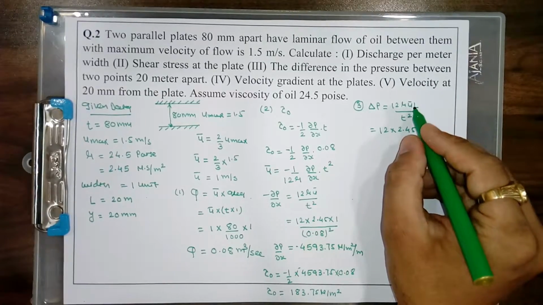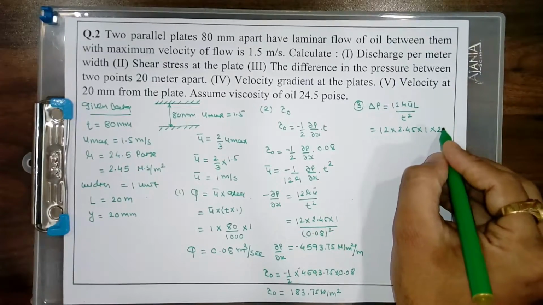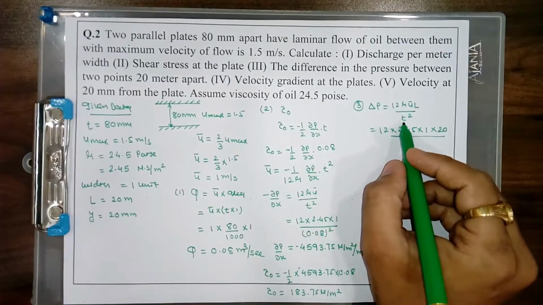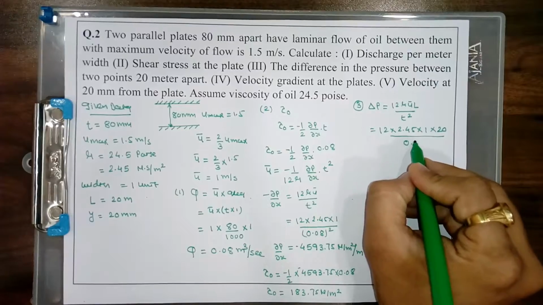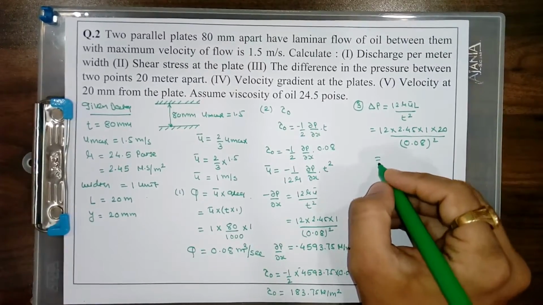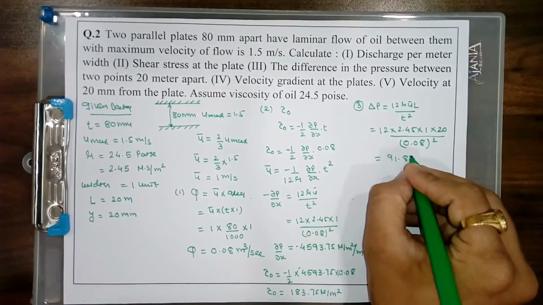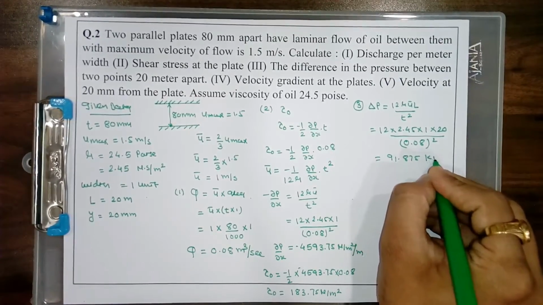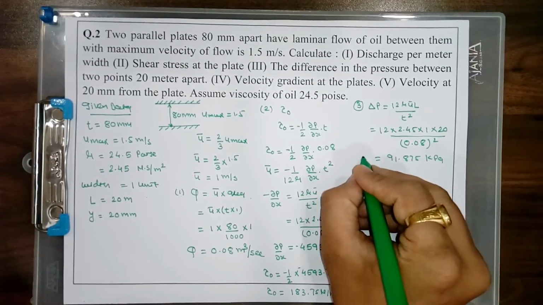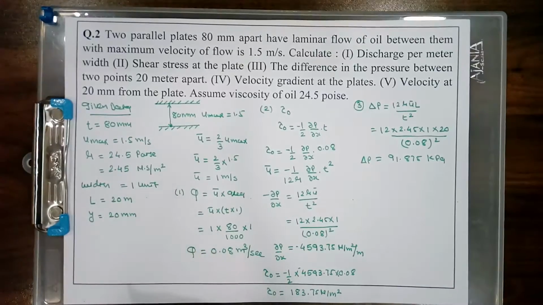Then the length between the two points is given, that is 20 meter apart, so we multiply it by 20 divided by t, that is 0.08 whole to the power 2. So we get the pressure difference, that is 91.875 kilopascal. That is the pressure difference between the two points, which are 20 meter apart in this case.